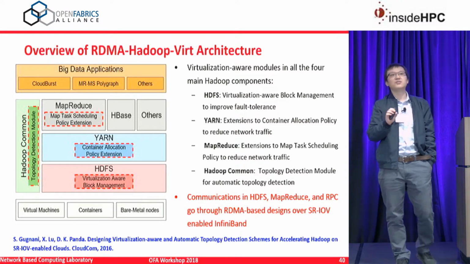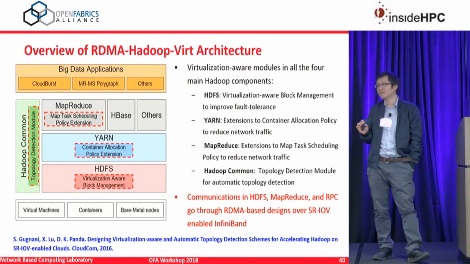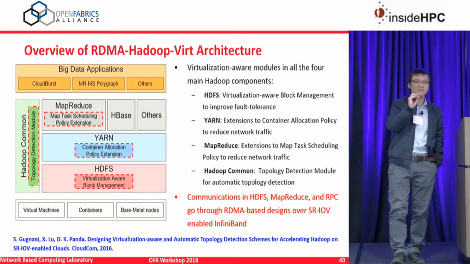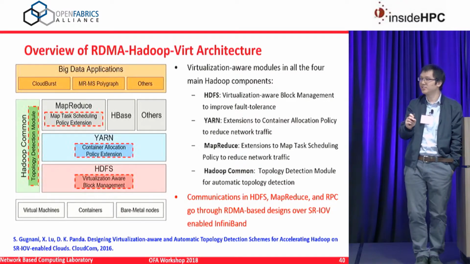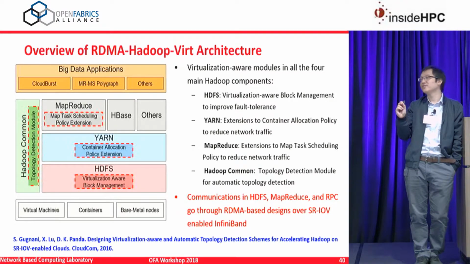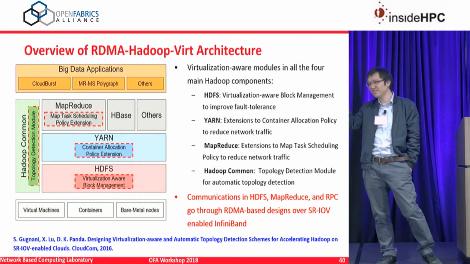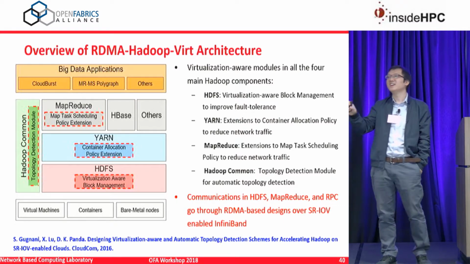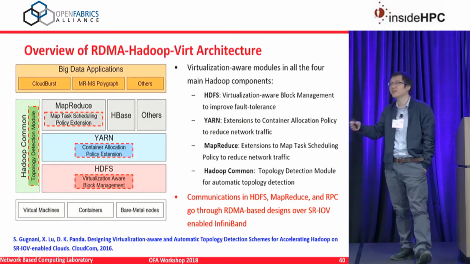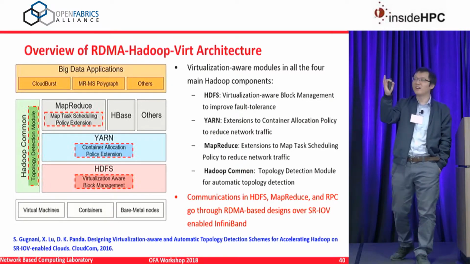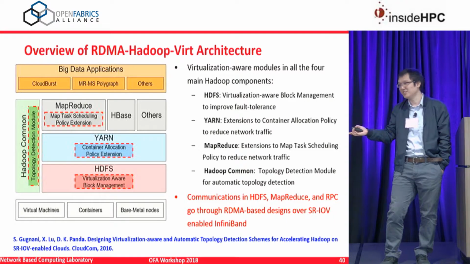If you deploy HDFS in cloud, your DataNode process may be in a virtual machine. Earlier, the philosophy of HDFS fault tolerance was: I put one replica in one node, the second replica in another node but in the same rack, and the third one goes to another rack, so that no matter node failure or rack failure, you still have some replica in your cluster.